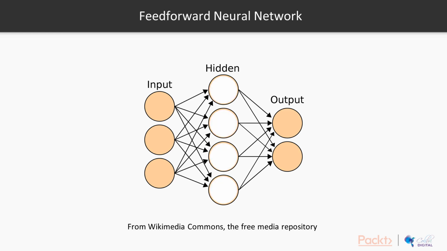For example, in this current diagram here, there are 4 hidden neurons resulting in 4 hidden activations. These 4 activations all go into the 2 output nodes, as you can see from the arrows. And each output node takes all 4 hidden activations to compute the final output.